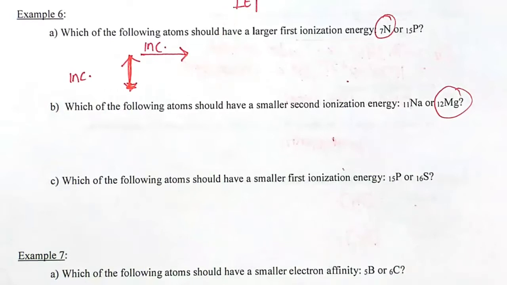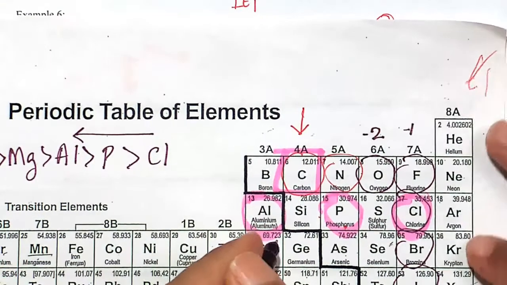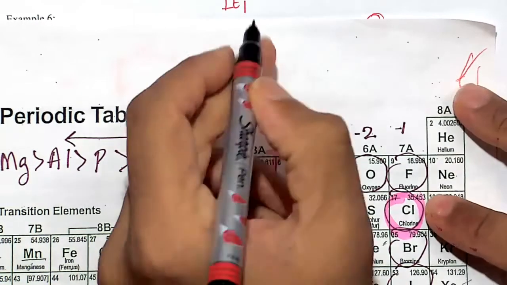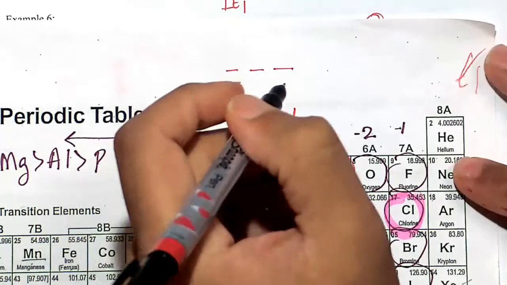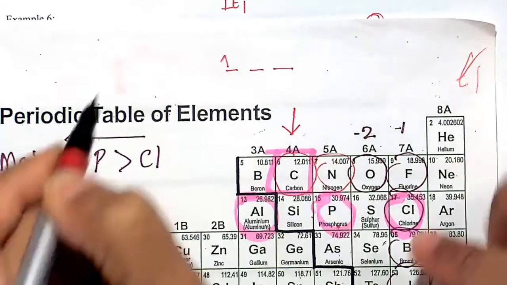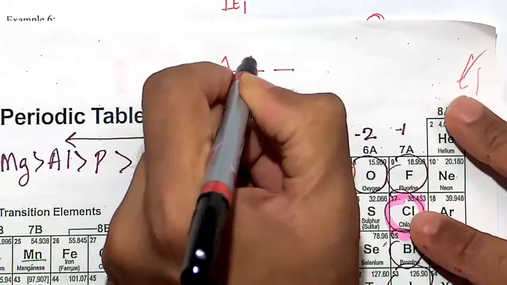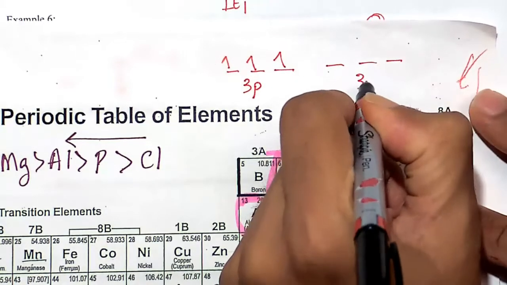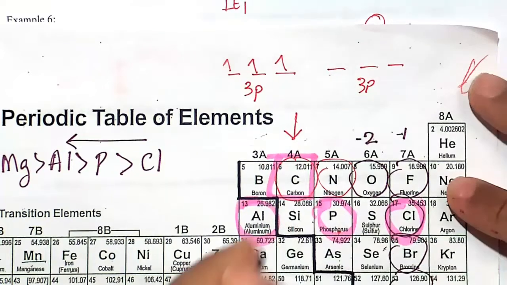A smaller first ionization energy, phosphorus versus sulfur. If we look here, this is N equals 1, N equals 2, N equals 3. So phosphorus is N equals 3, with 3p1, 3p2, 3p3 electrons. And then let's do the 3p electrons for sulfur: 3p1, 3p2, 3p3, 3p4.